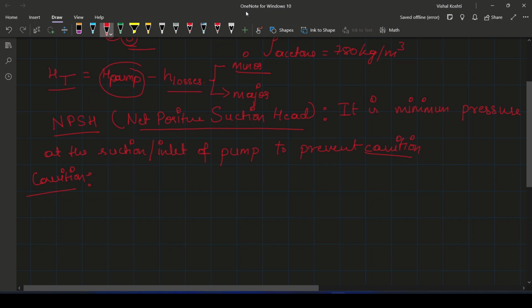At low pressure, even at the low temperature or the low atmospheric temperature, the working fluid begins to boil, and these rapidly expanding and collapsing bubbles hit the surface of the impeller as well as the casing. It destroys the surface, and hence it will lead to lower life. That is why NPSH is very much important. We should always try to prevent cavitation.